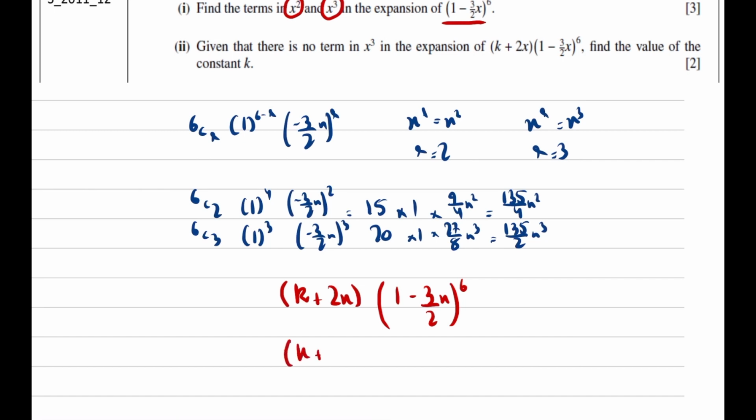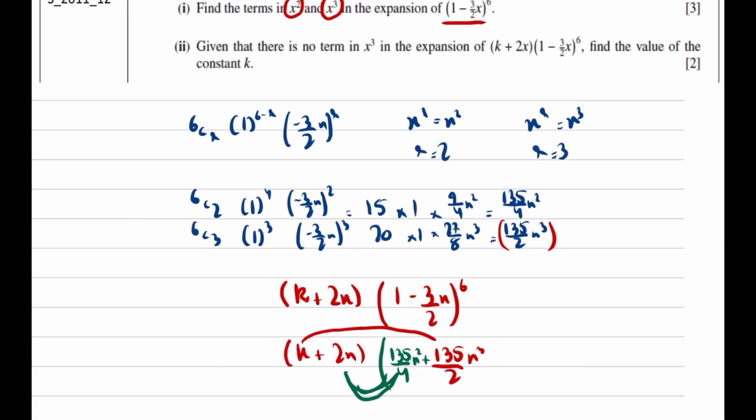So k plus 2x now. K will be multiplied with what, bache? K will be multiplied with, in order to become coefficient of x cube, 135 upon 2x cube, which we have found earlier. And 2x will be multiplied with what, bache? 135 upon 4x square. So if you multiply this, it's going to become cube.